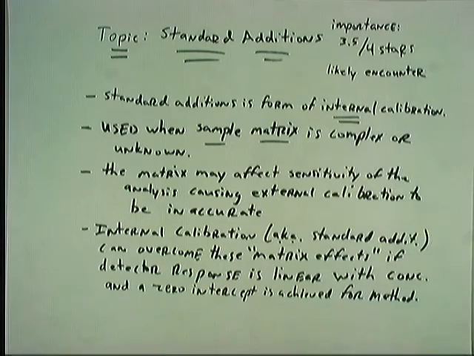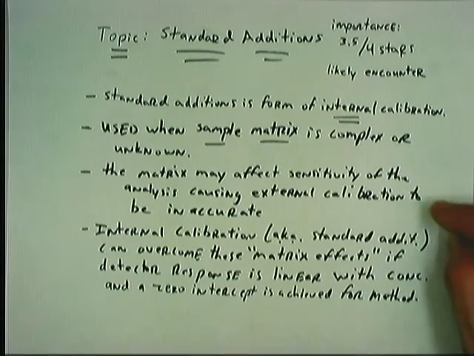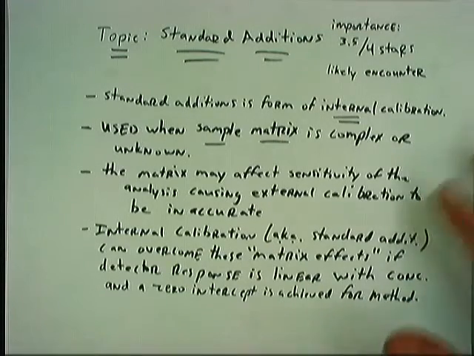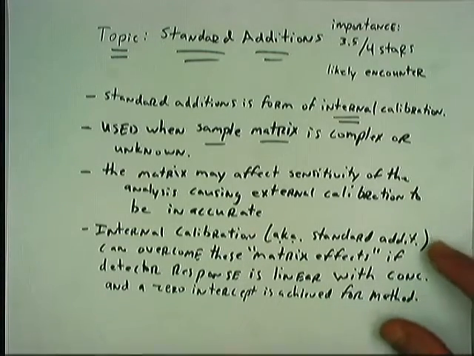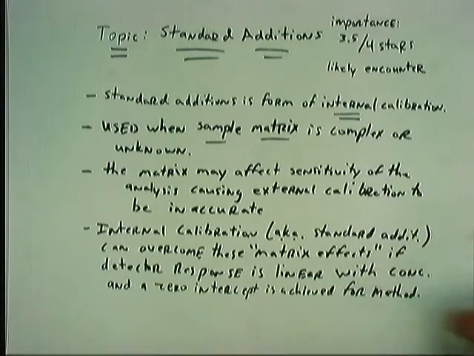Because if the sensitivity changes, remember that's the slope of the detector response function as a function of analyte concentration, if that slope changes, the external calibrants are not going to accurately reflect the situation within the matrix. So we're going to use standard additions for such cases because they can eliminate this matrix effect.